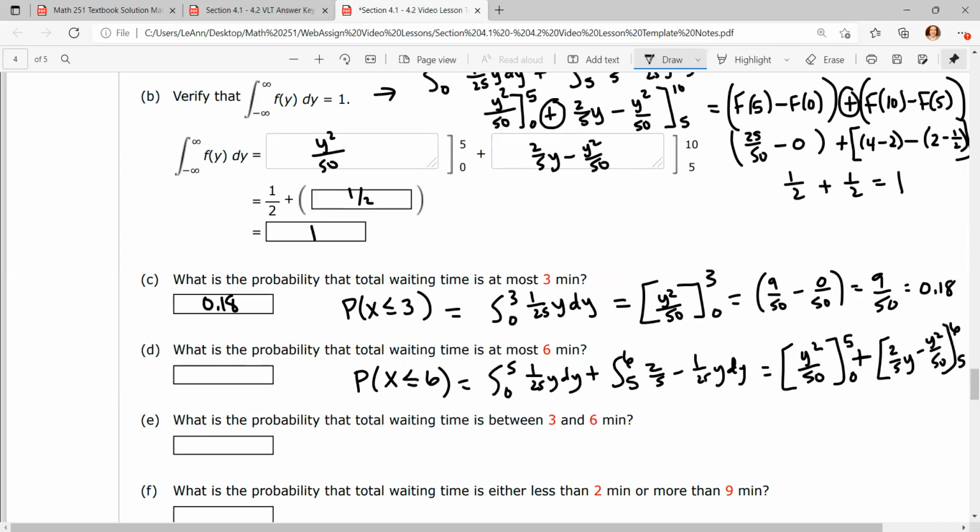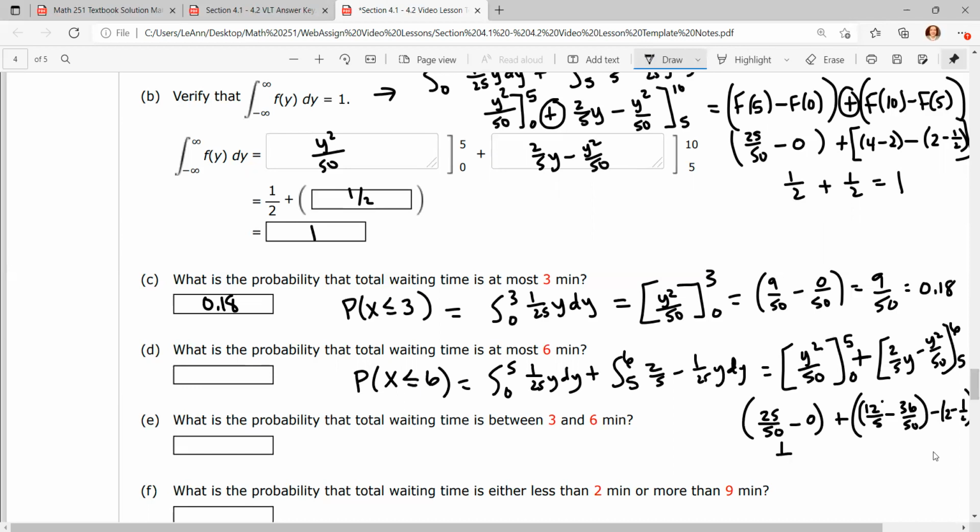So for the first one, we get 25 over 50 minus 0. And then plus, this one's going to be 12/5 minus 36 over 50 minus, because fundamental theorem of calculus, that would be just 2 and 1/2, so minus a half.